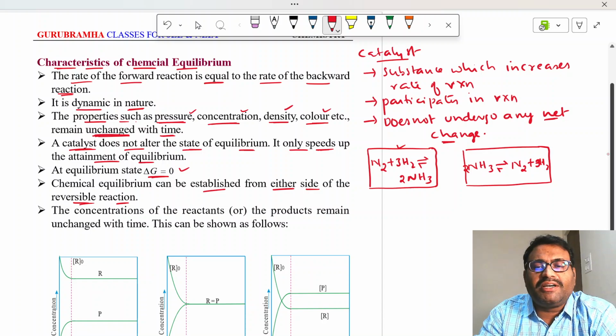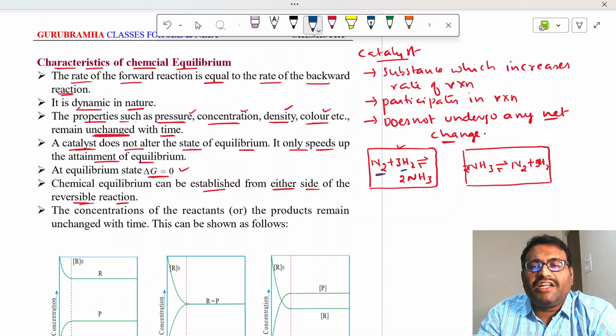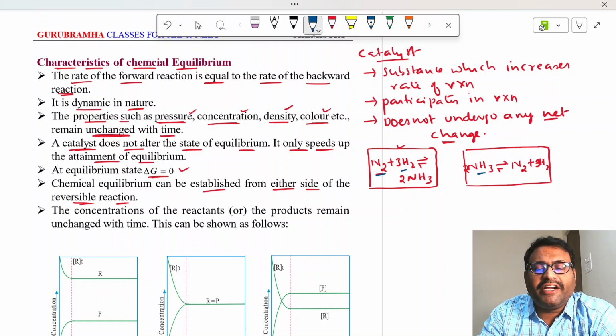This equilibrium is obtained by taking N2 and 3H2, and in this container, equilibrium is obtained by taking ammonia. That is what they say. Equilibrium can be obtained from the reactant side or from the product side. That means by taking reactants you can obtain chemical equilibrium, or by taking products you can obtain chemical equilibrium.